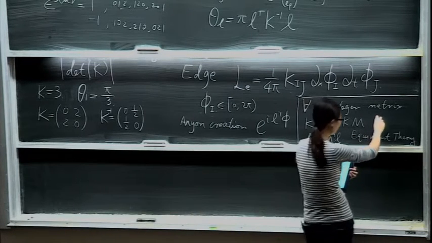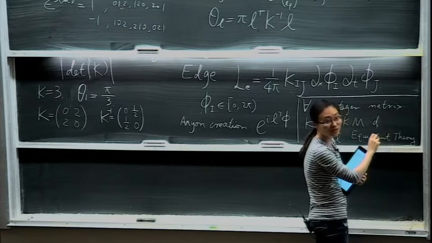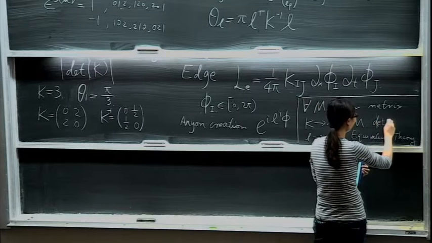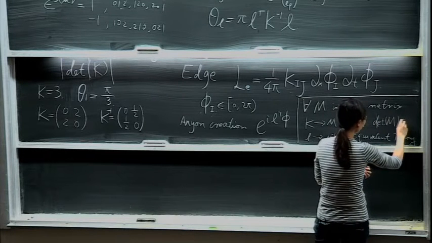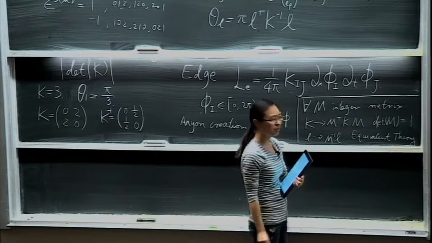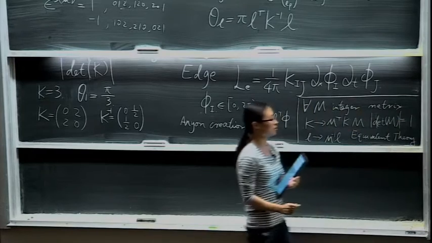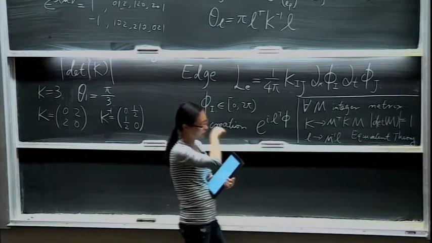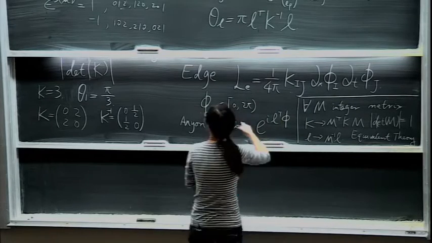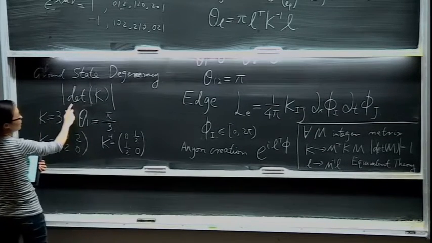Yes, you want the determinant to be 1. Can it be minus 1? Yes, just the absolute value to be 1. This is required so that the determinant of K is still the same. Yeah, the ground state degeneracy.